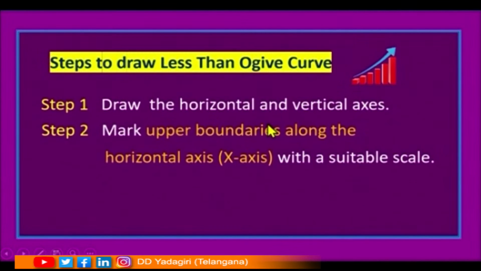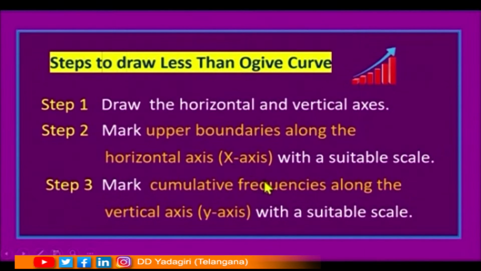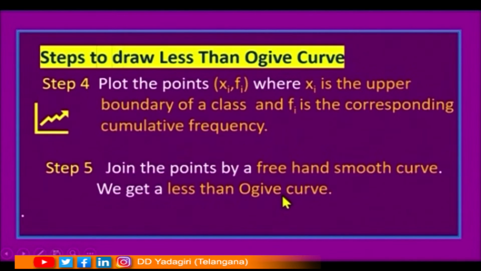We need to prepare a cumulative frequency table of less than type, and you mark the upper boundaries along the horizontal axis, also called the x-axis, with a suitable scale. Now we take the cumulative frequencies which you have found in the table along the vertical axis or y-axis with a suitable scale. So on the x-axis you take upper boundaries, on the y-axis you take cumulative frequencies.